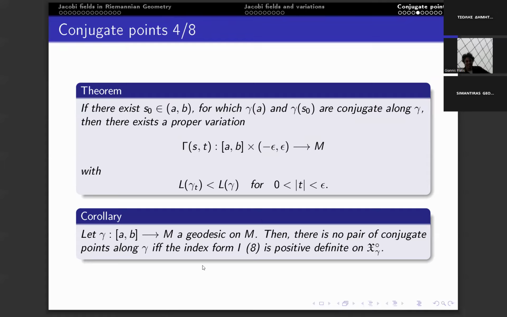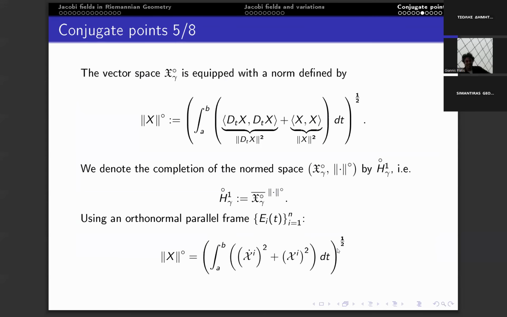And we have this corollary: when gamma is a geodesic on M, there is no pair of conjugate points along gamma if and only if the index form we have defined is positive definite on the set of vector fields along gamma that are zero at the endpoints. We can equip the space of these vector fields with a norm defined by this formula, and we also denote its completion, the closure, by this set here.